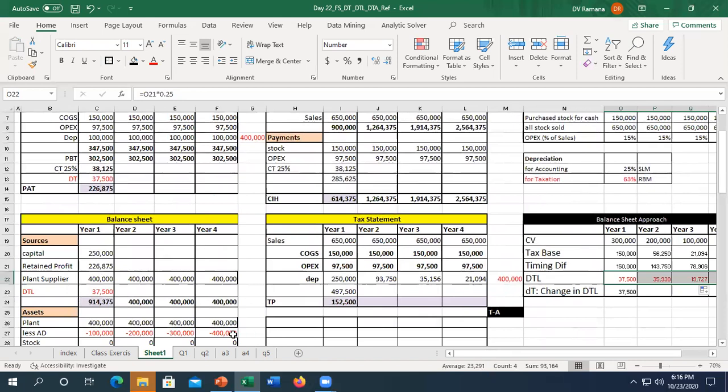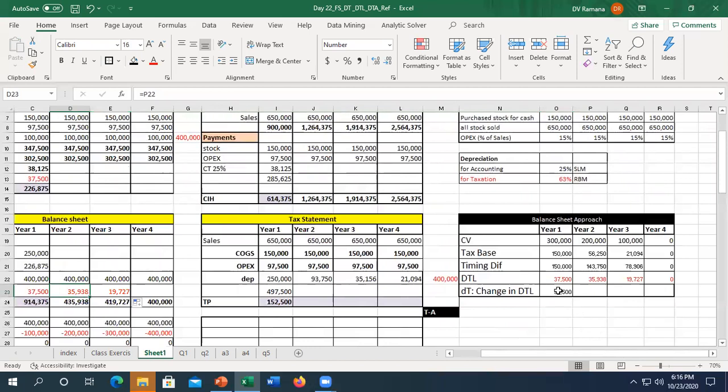So deferred tax liability will appear on the balance sheet as 35,000, 37,000, 35,000, and 19,700.